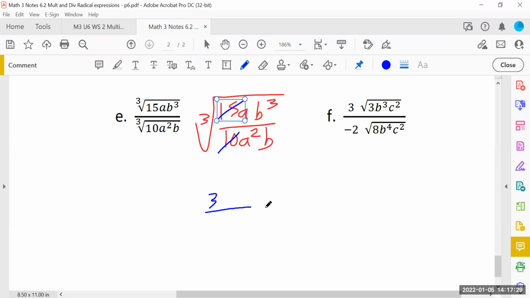I'm going to end up with 3 over 2. A on the top and 2 A's on the bottom. Those will reduce for one of them. Leaves me with just 1 A on the bottom. The B's will reduce. 1 B will reduce, and I'll be left with 2 B's on the top, all inside a cube root.